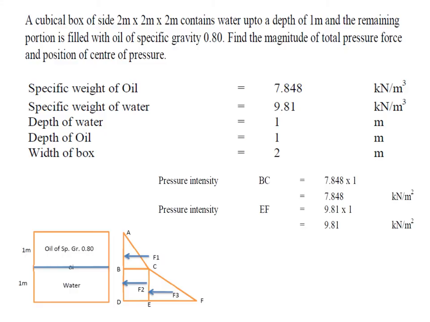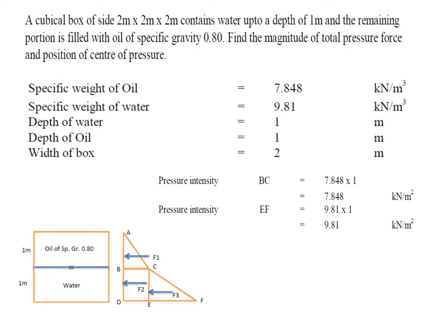So if you divide into suitable diagrams here, you will get one triangular diagram ABC, because BC is intensity 7.848, which is omega into H. And similarly after C, as we move downwards to the bottom, the pressure intensity increases due to water of 1 meter depth, so the additional pressure will be 9.81 into 1. So EF will be 9.81. So now you can have three diagrams: ABC, CBDE and CEF.